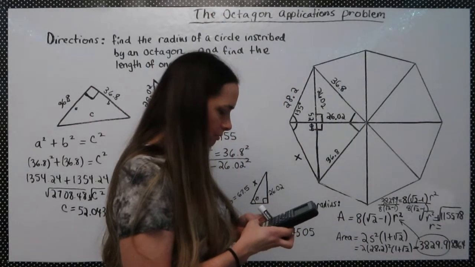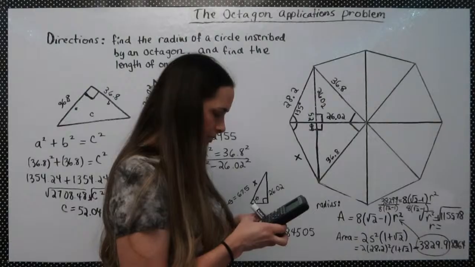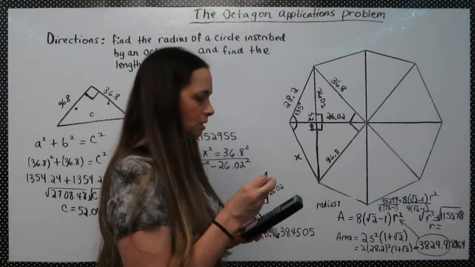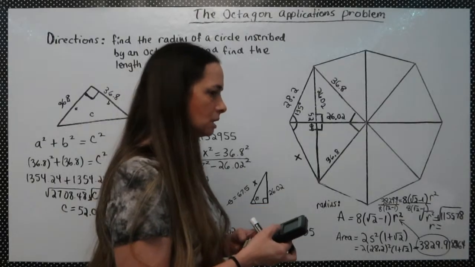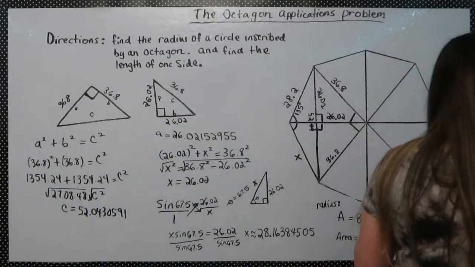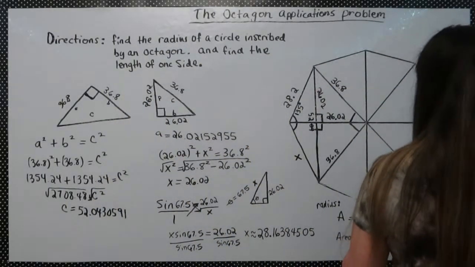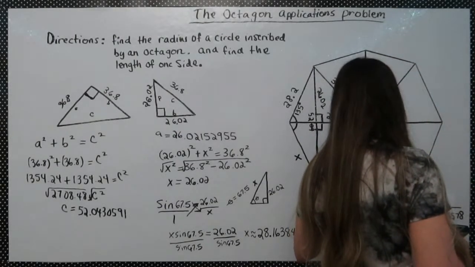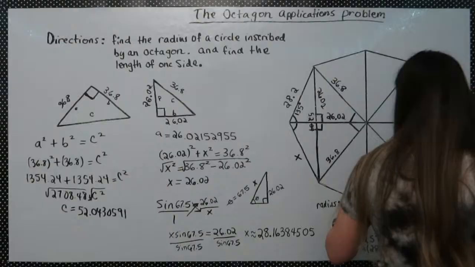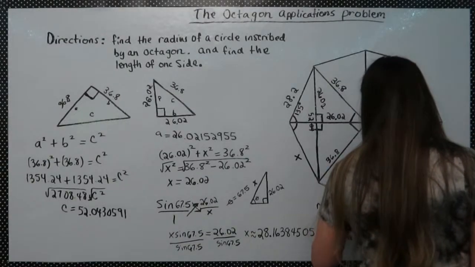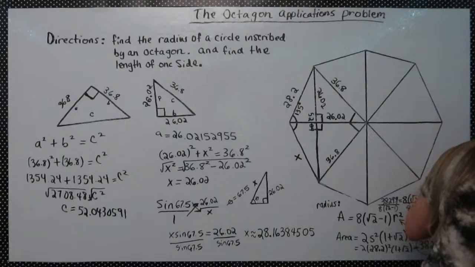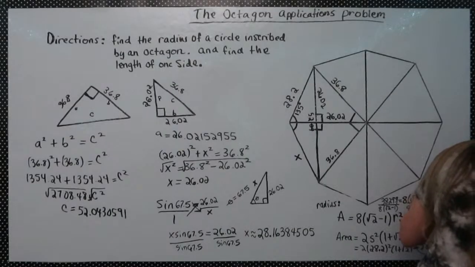Okay, I'm getting 33.99 for the radius. Where are we going to write it? Right here. R equals 33.99. So we're just going to say that's 34.